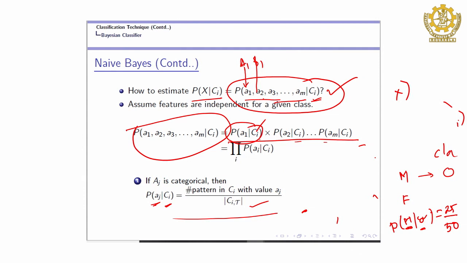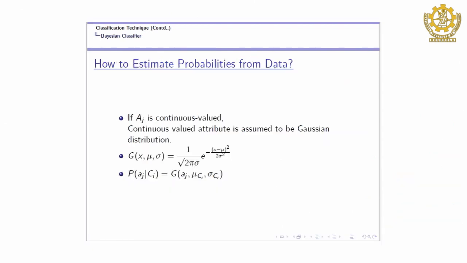Categorical attributes mean you can count the number of values in a particular feature. Now, if it is a real number, you cannot count how many values are there. So, in case of real numbers we use a different approach. If A is continuous valued, we assume that the continuous valued feature, let us say income, follows the Gaussian distribution.